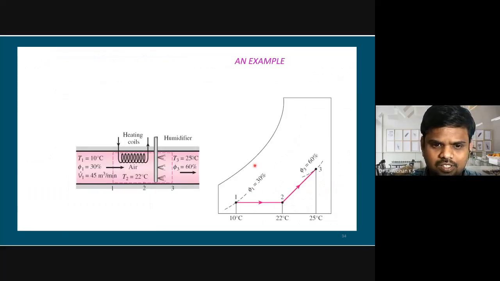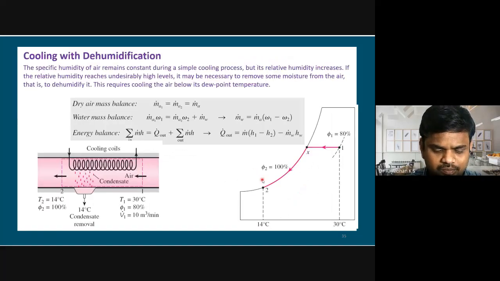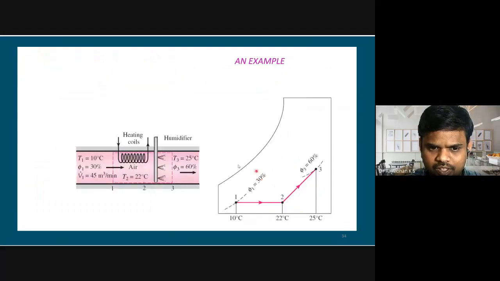Okay, so if you consider this example, we have air entering at a temperature of 10 degrees Celsius with a relative humidity of 30 percent, and a volume flow rate is given. After getting heated, we have 22 degrees Celsius.